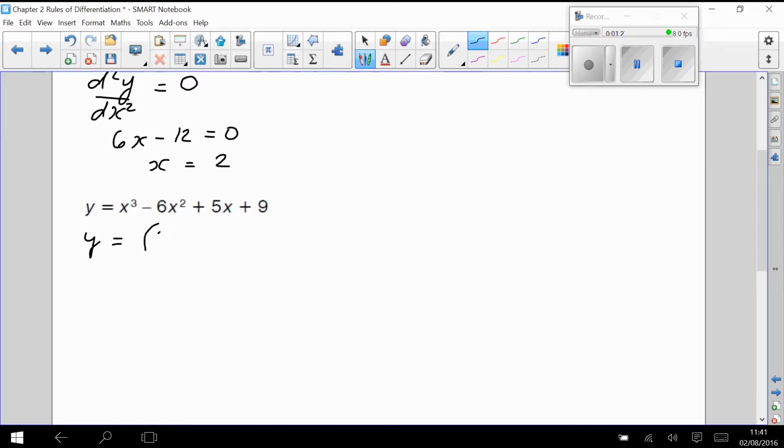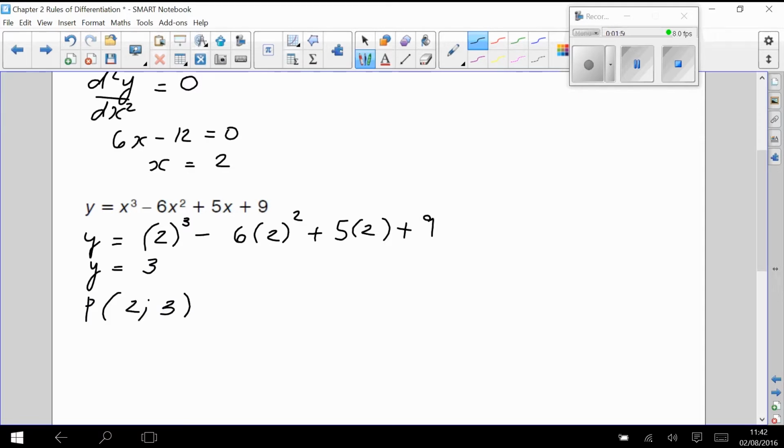In other words, wherever I see an x, I put a 2. So I get 2 cubed minus 6 times 2 squared plus 5 times 2 plus 9. When you work this out on your calculator, you find that the y is going to be equal to 3. In other words, the point that I'm looking at is the point (2, 3).